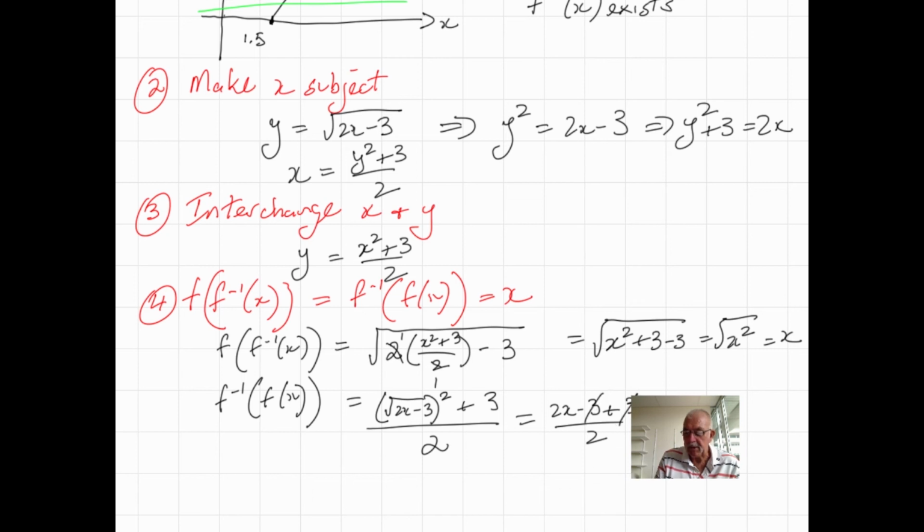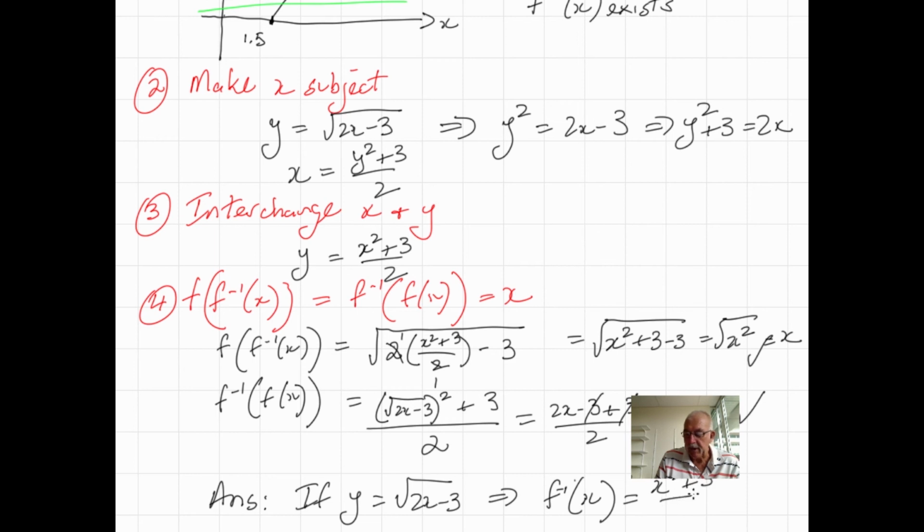Plus 3 minus 3 is 0. 2x on 2 is just equal to x. So we've done both verifications. Finally, we just quote our answer. If y equals the square root of 2x minus 3, therefore the inverse of x is equal to x squared plus 3 over 2.